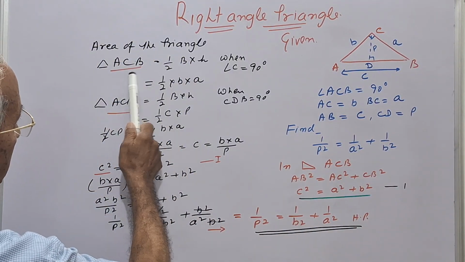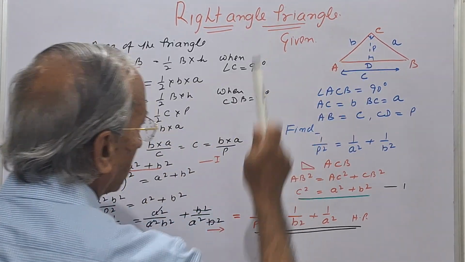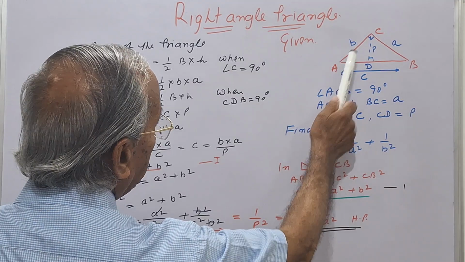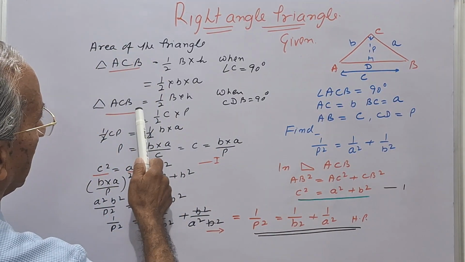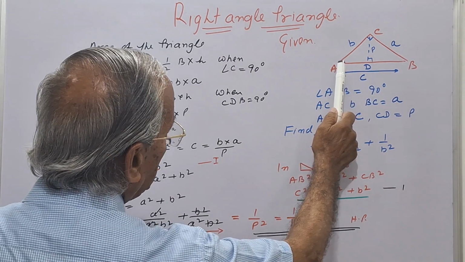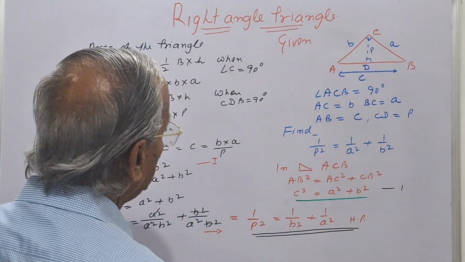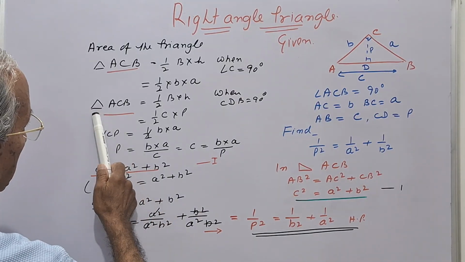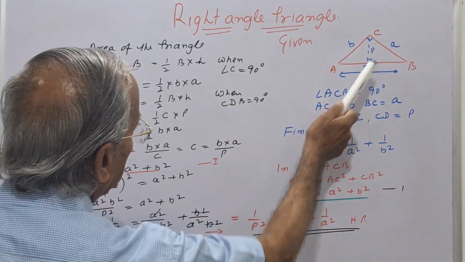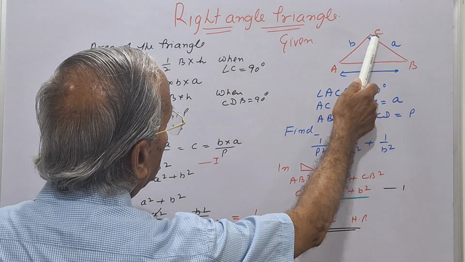So area of the ACB is 1 upon 2 A into B. Now again area of the ACB is equal to 1 upon 2 base into height. Here AB is the base and CD is the height. So area of the ACB when CDB is 90 degrees is equal to 1 upon 2 C into P.